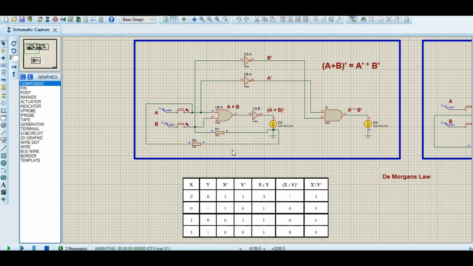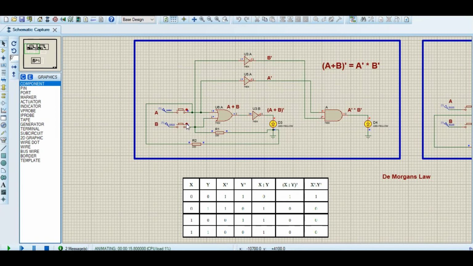So if we change any of these inputs, if we close the gate, you will see that the LEDs will switch off and our output will be 0. So in this table, as you can see, y is 1 and x is 0.